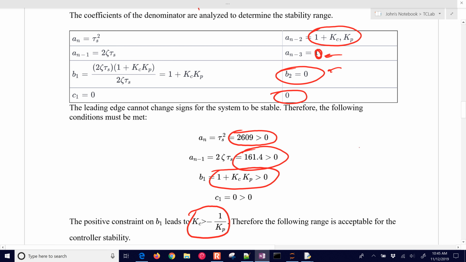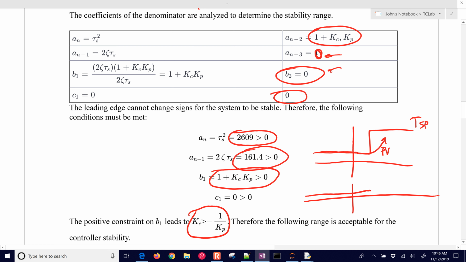Now if we have a reverse acting controller, if we have a set point change and we want to drive the PV up to the set point, then a reverse acting controller is going to increase the output. But this controller right here is telling us to go the opposite way. It's saying I have the sign wrong.